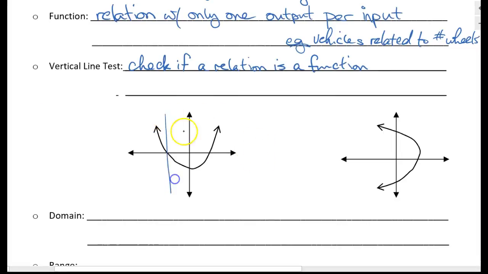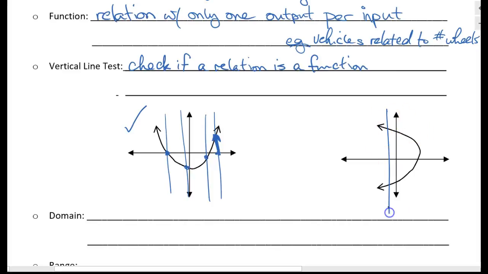At any point, I can draw a vertical line, and it only crosses my graph at one point. Here, here, here, or here. That means that for this x input, it only gives me one output. That's the only number I'm ever going to get. Here, same thing. I put this value in for x, and I'm going to get 0 as an output, always. Okay, so that means, good to know, checked, only one output.